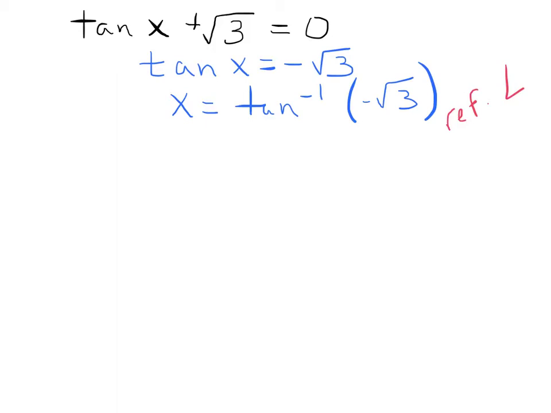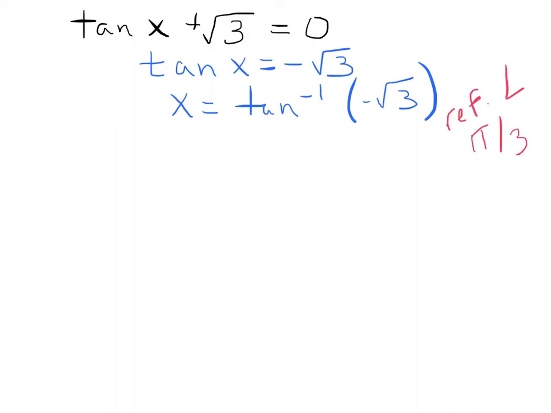If I go back and think tangent is y over x, that would have to be square root of 3 over 2 over 1/2. So that puts us back at that 60 degree or pi over 3 category. So our reference angle is pi over 3.